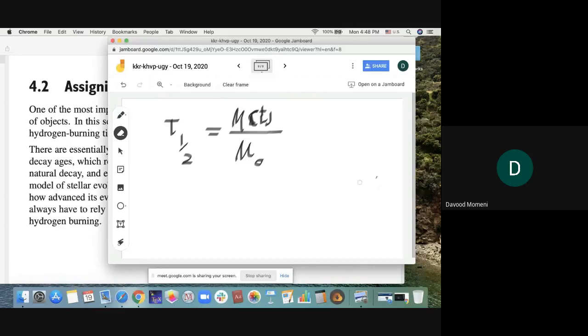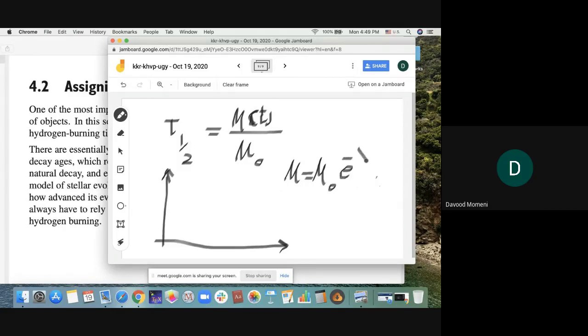Think about one of these nuclear reactions which happen inside the star, like beta decay, or any other type of radiation. If the number of nuclei at any time is m, this process started by some initial mass, and they decay. Decay means they have a decay rate given by the number of nuclei lost from the system.